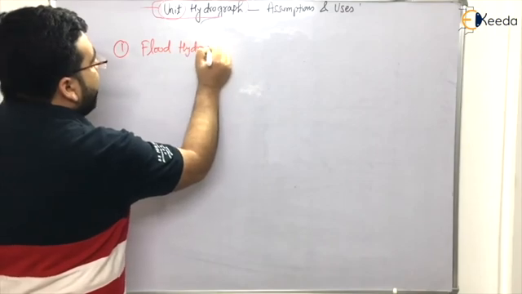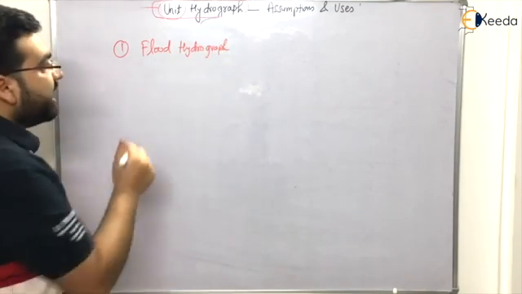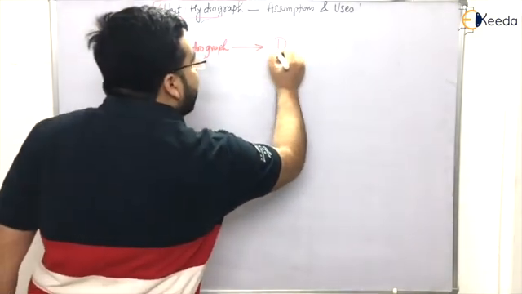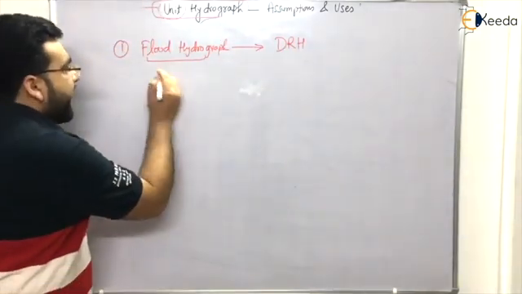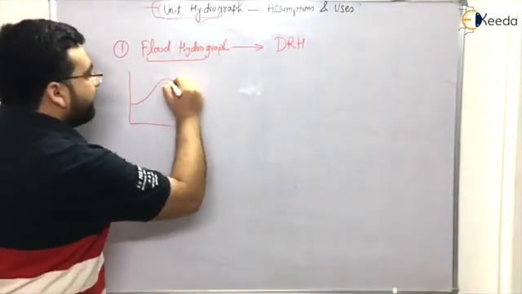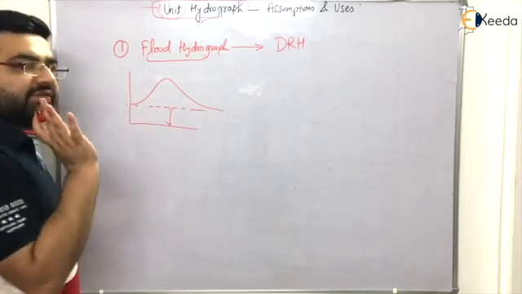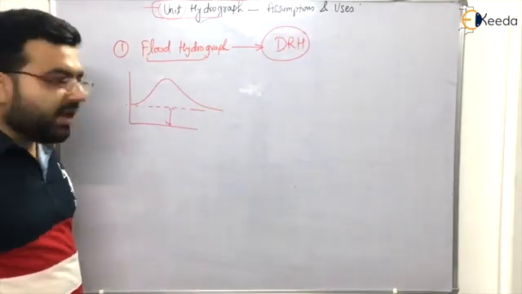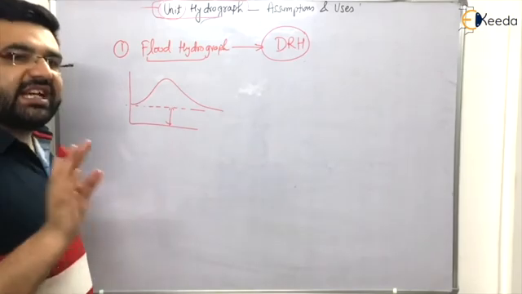The first type of questions that are coming in GATE examinations is that from the flood hydrograph, you have to get the direct runoff hydrograph. How will you get it? I told you that in the flood hydrograph, if you subtract the base flow, you will get the direct runoff hydrograph. Simple. Clear?